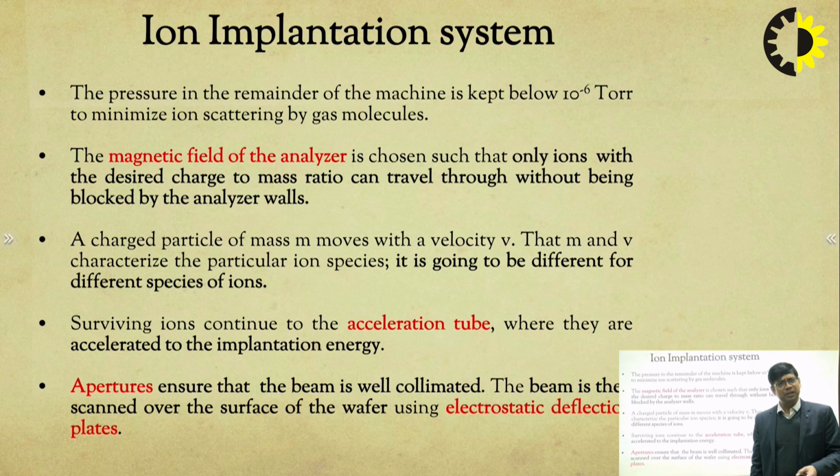Those contaminations are undesired and they are not allowed to go to the wafer. So, to pass only the desired dopant ions to the wafer, we use this analyzer mechanism, which consists of a magnetic field. The magnetic field of this analyzer is such that only the desired dopants of a particular charge to mass ratio can travel through it. All others are blocked by the analyzer walls.